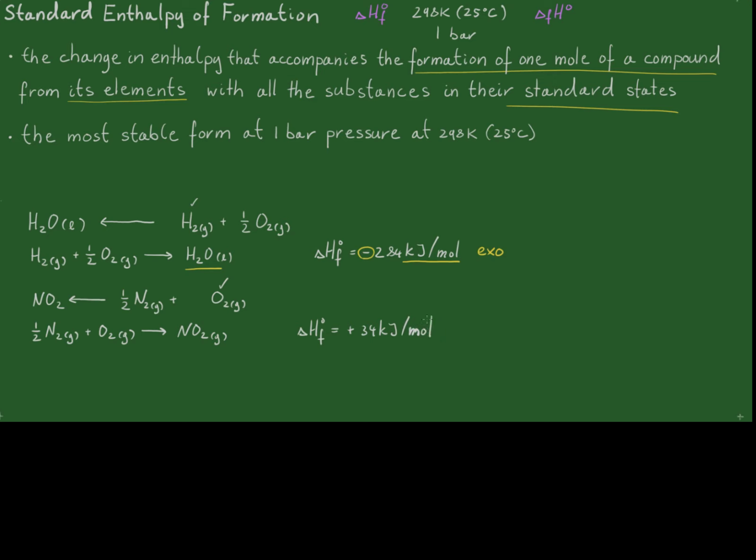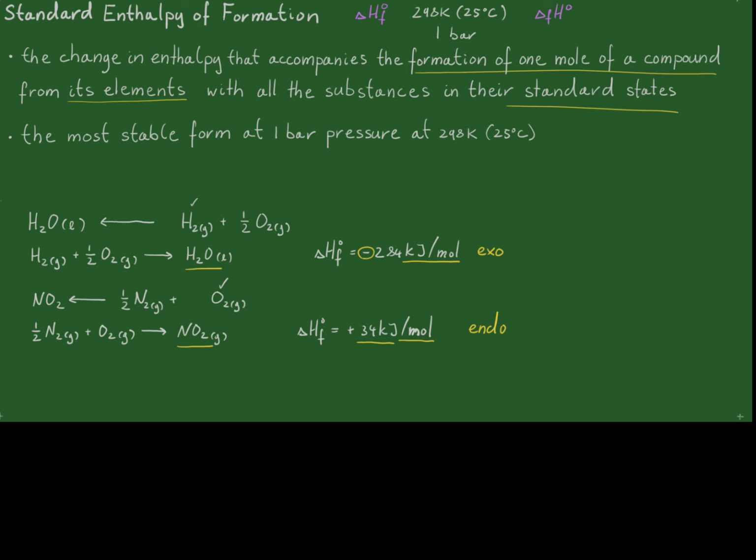Seeing how the change in enthalpy is positive, it means that this is an endothermic process. Or in other words, for every mole of nitrogen dioxide that is formed, the system requires or needs to gain 34 kilojoules of energy.